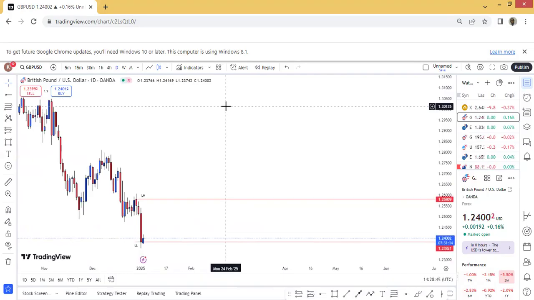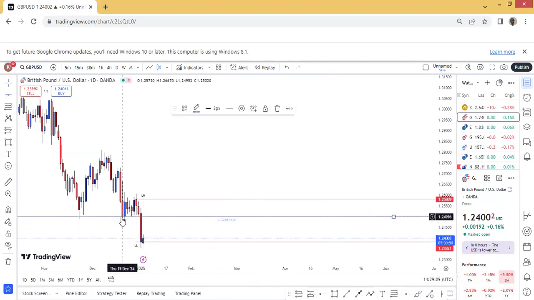So where do we trade from? We cannot just enter the market just because we say it's bearish, then we just sell. No, we should know where we are selling from. For me, I use key levels. I trade from key levels, and the daily key levels are my thing. So this is the obvious key level that I can see.